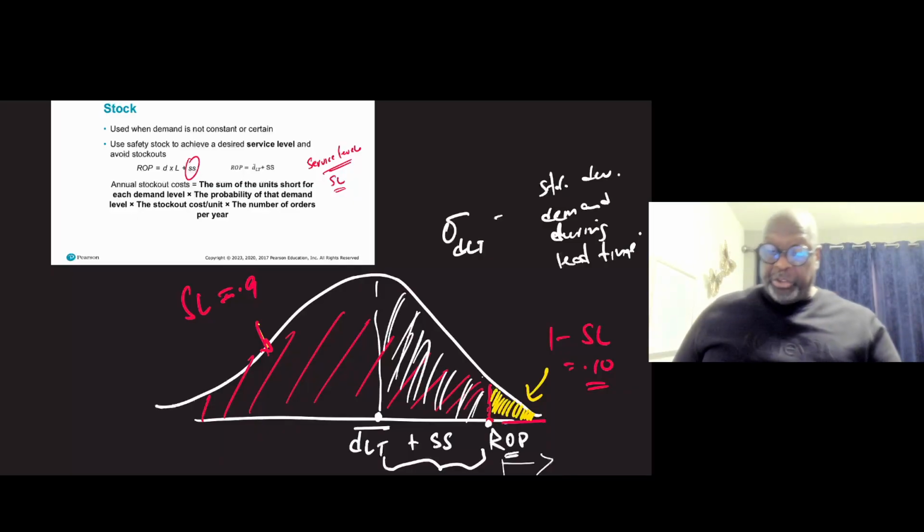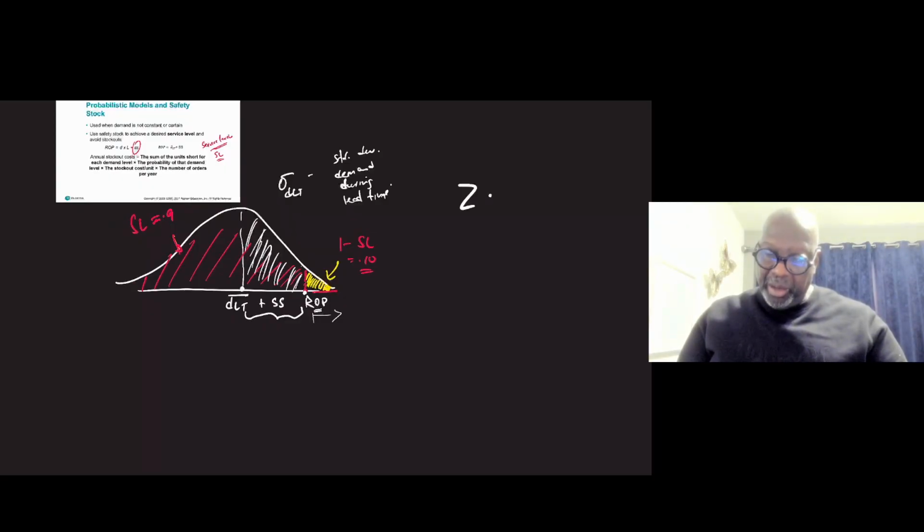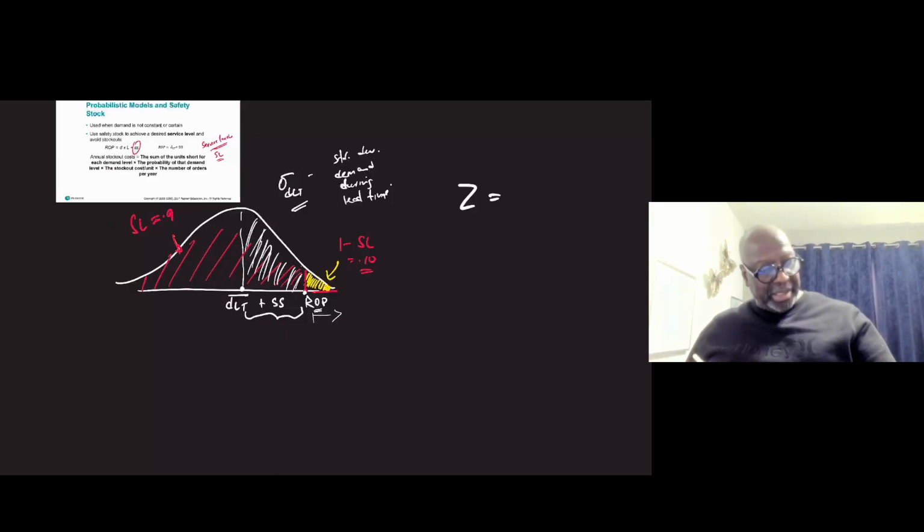Okay, so you need a little refresher in terms of your normal distribution. Why am I using the normal distribution? That's because we assume that the demand during the lead time is normal with a mean DLT bar and a standard deviation sigma DLT. Notice I didn't say D, I didn't say just LT, I said DLT, demand during the lead time.